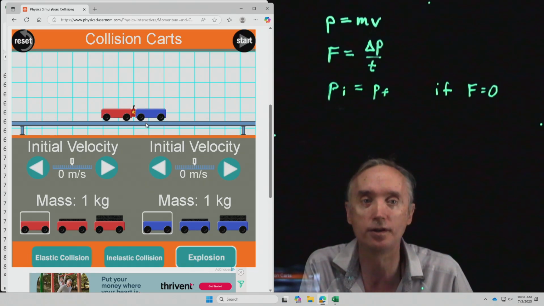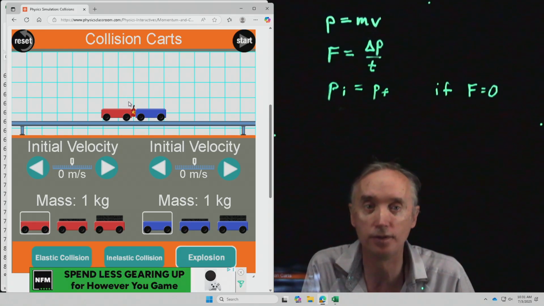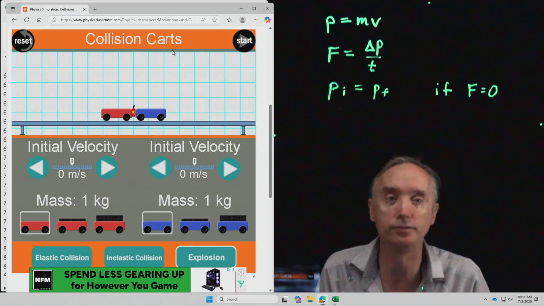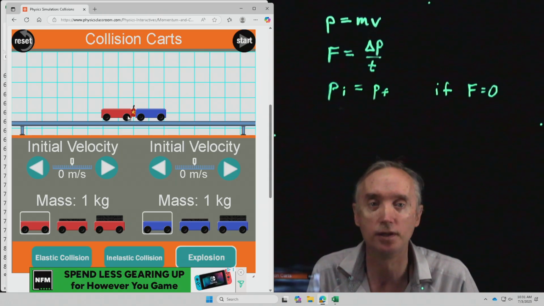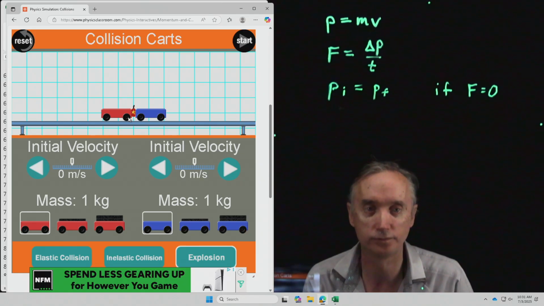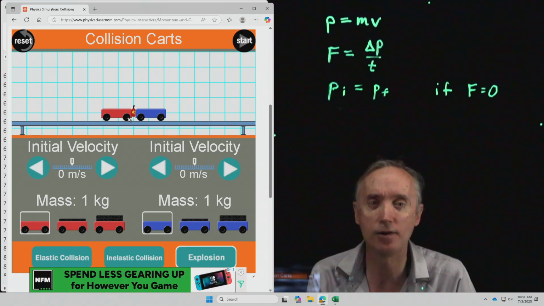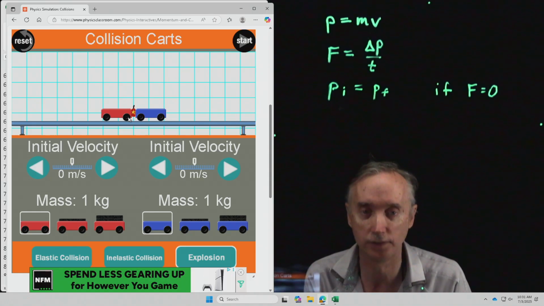If I click on it, you see that we start with 2 cars that are connected, and then when I hit the go button, the start button up here, there's going to be an explosion that's going to cause the 2 carts to move away from each other. Now you might be saying, how does this go with conservation of momentum?